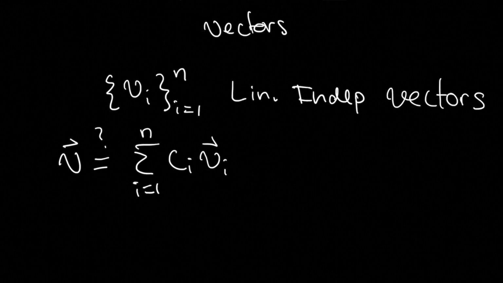is a full set of linearly independent vectors. But alternatively, what we could find is that there's a particular vector v that cannot be written as a linear combination over these other vectors.